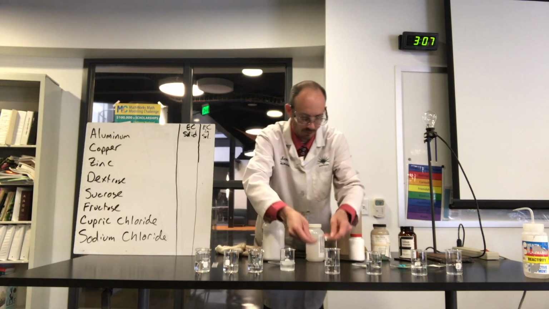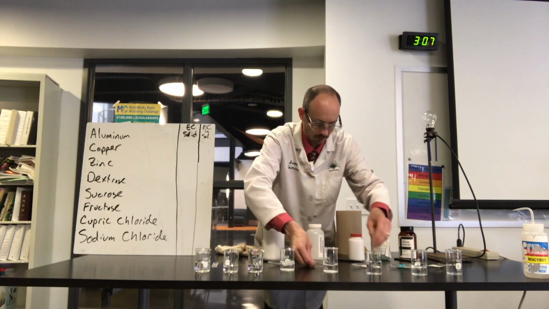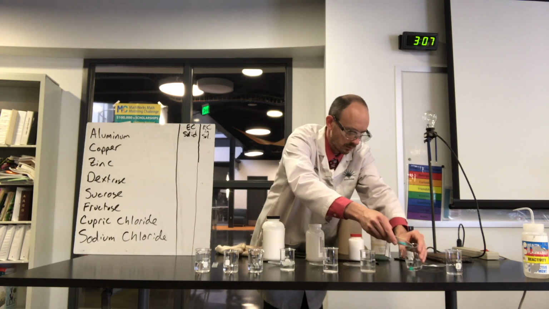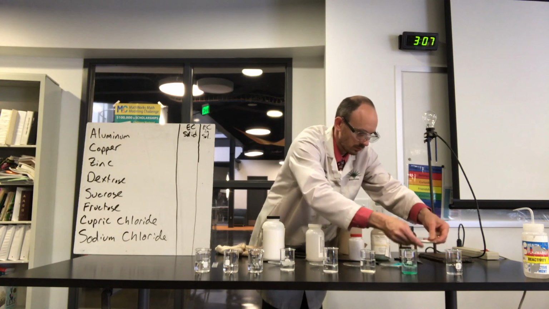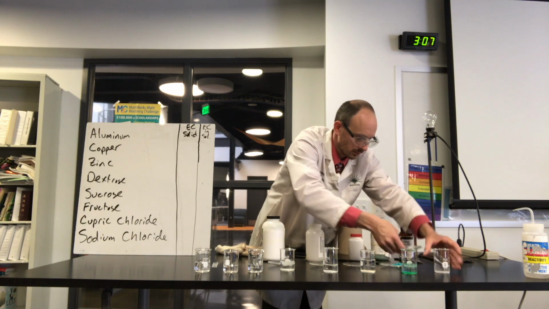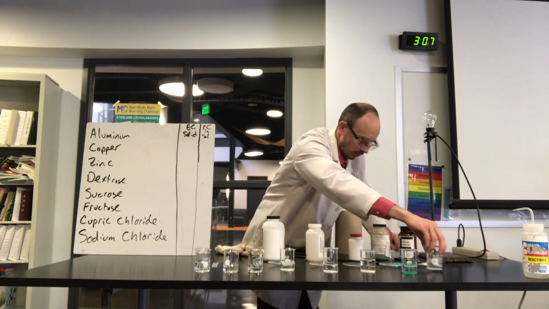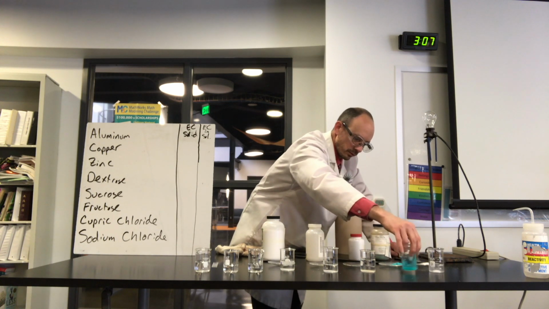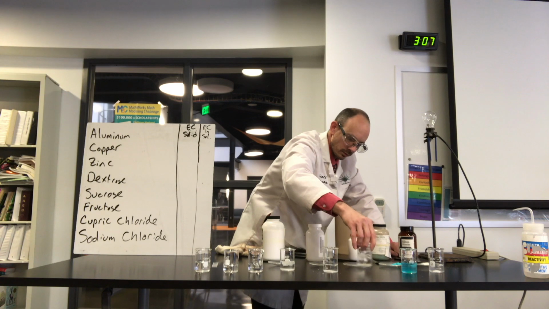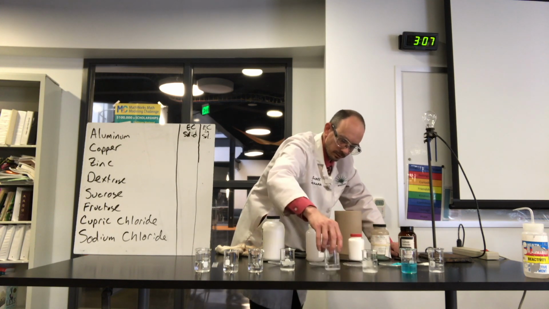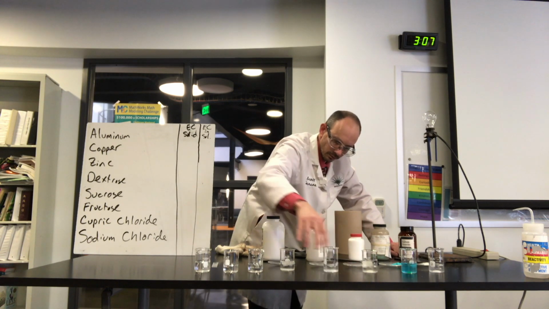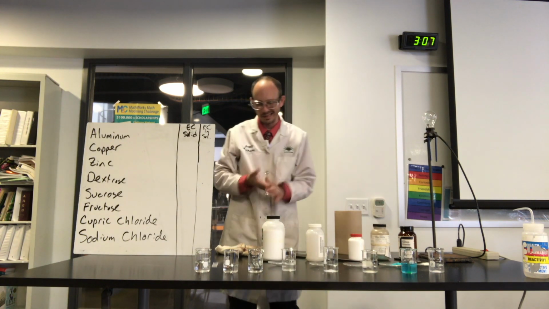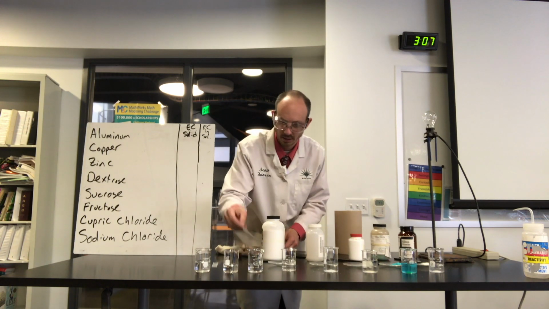All right. So now I'm going to put some of each inside of there. Okay. Swirl it up. I put more solid in there than can probably be dissolved by the liquid.